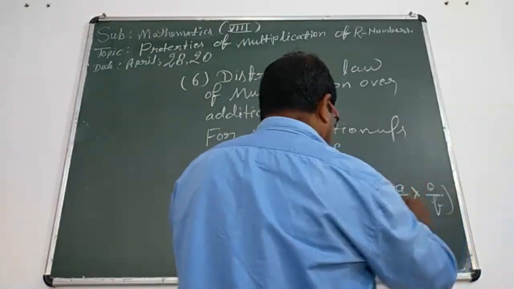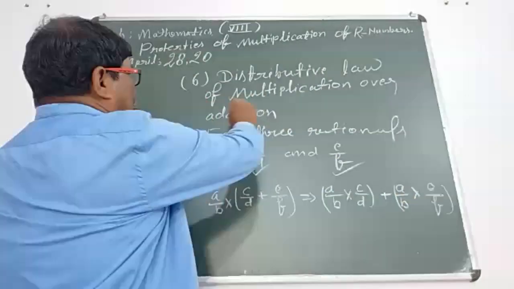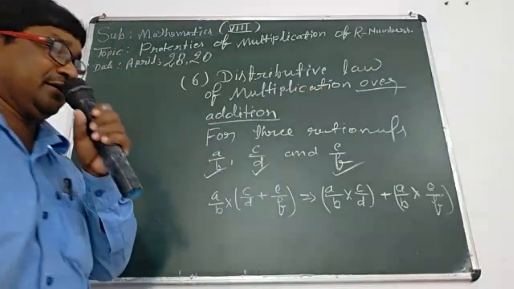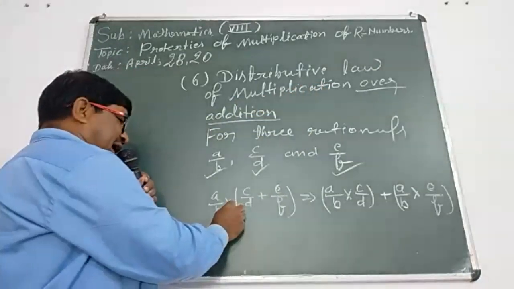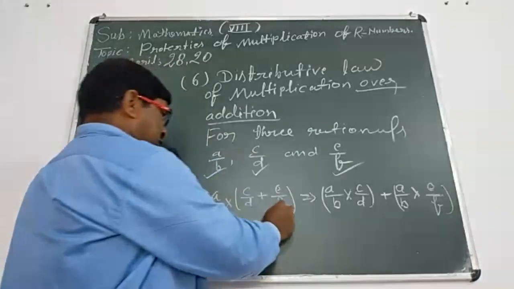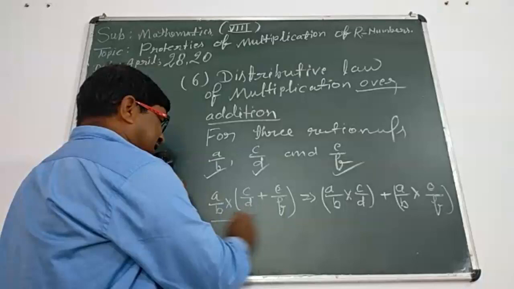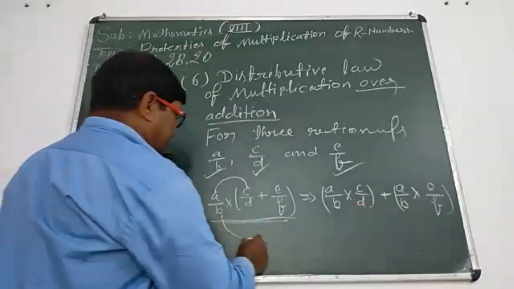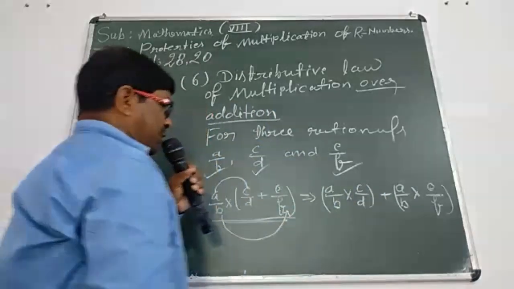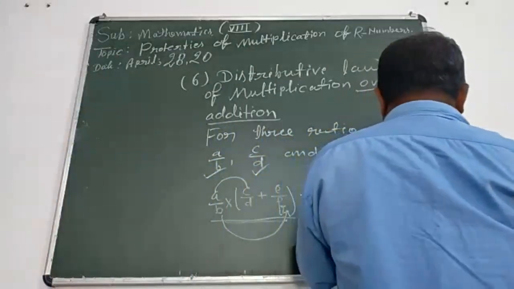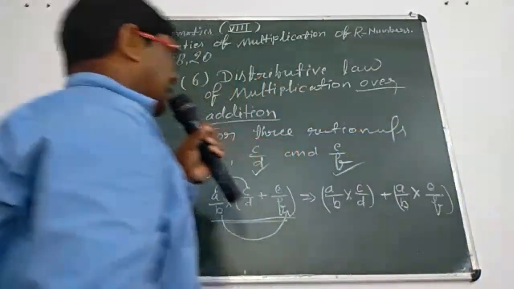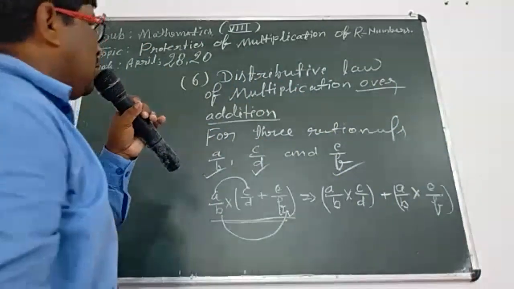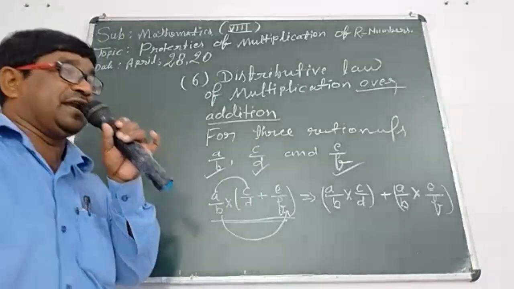A upon B is first multiplied by C upon D, then A upon B is multiplied secondly by E upon F. This type of law is called distributive law of multiplication over addition.